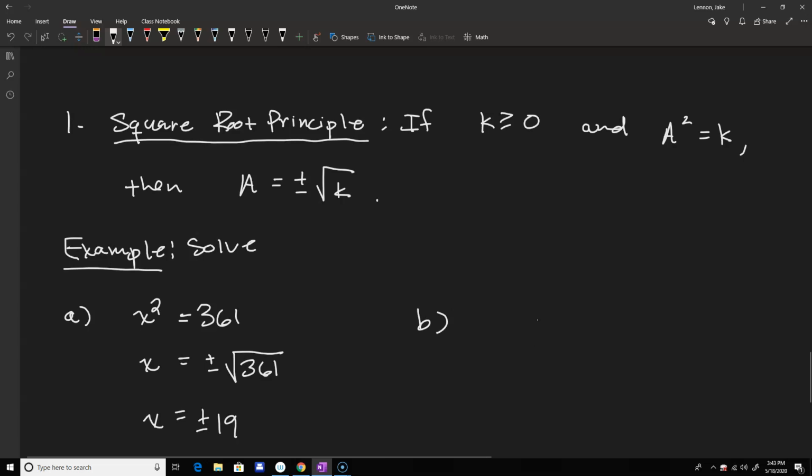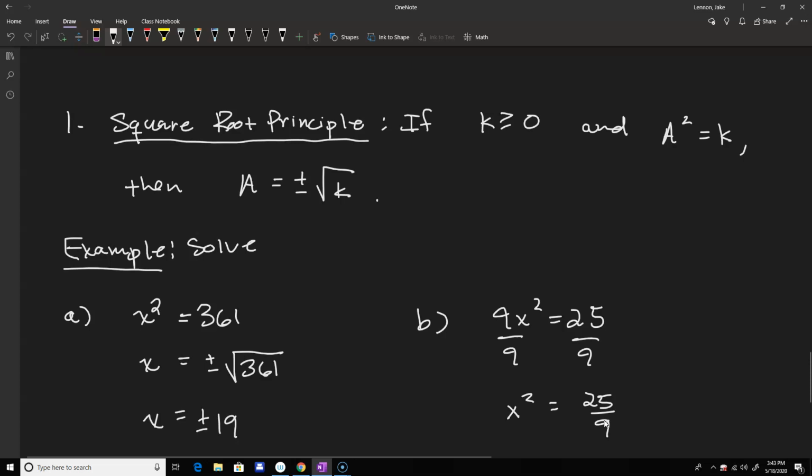Maybe slightly more complicated, but not really. Let's look at 9x squared equals 25. There are kind of two ways to do it here. You could divide by 9 first, or you could realize that 9x squared is 3x times 3x. But if we divide by 9 first, we end up with x squared equals 25 over 9.